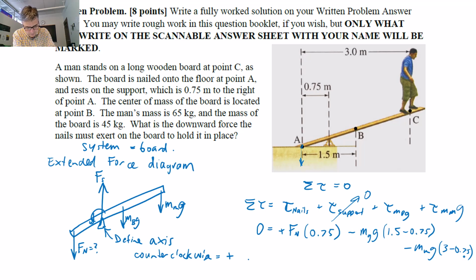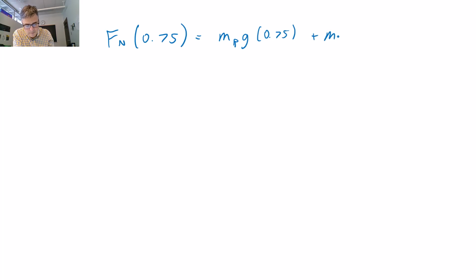So I guess I just have to solve that out for Fn, don't I? So Fn times 0.75 meters is equal to the mass of the board times G times 0.75, plus the mass of the man times G times 2.25. And so the nailing force that we're trying to find here is going to be, we can pull out a factor of 9.8. Mass of the board is 45 kilograms times 0.75.